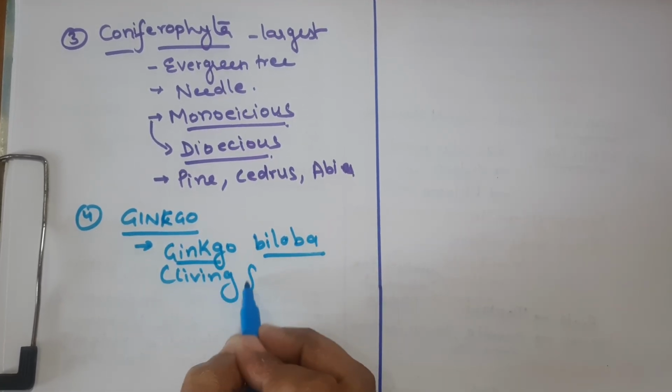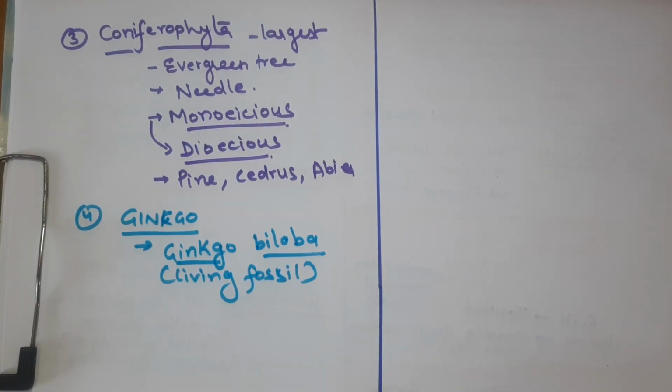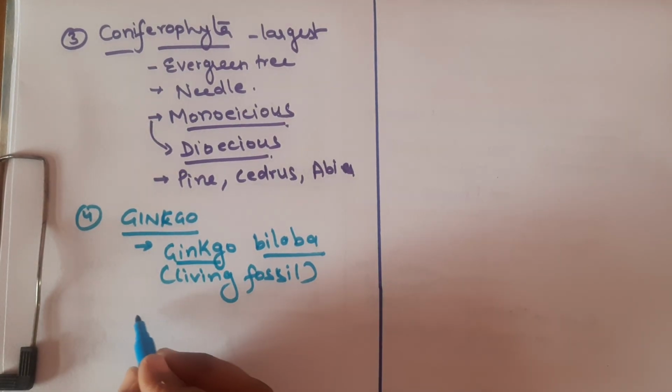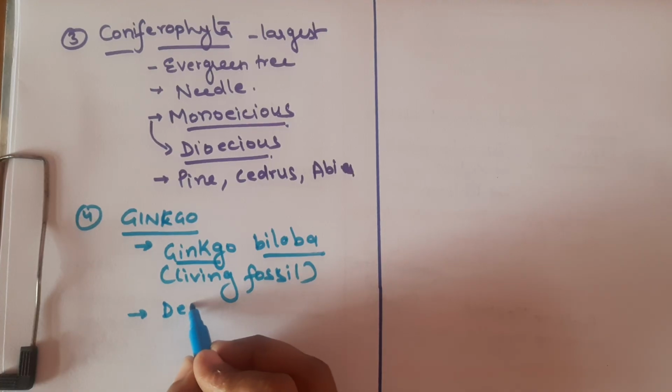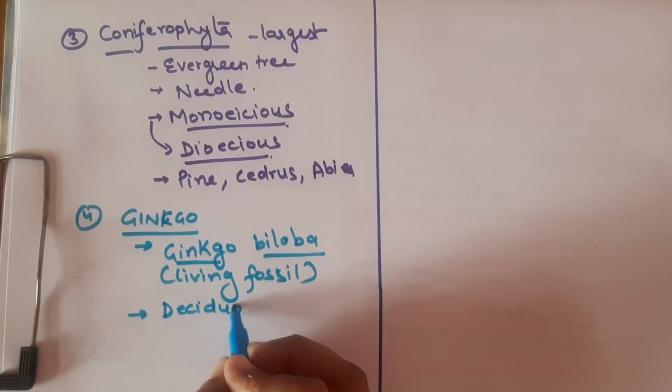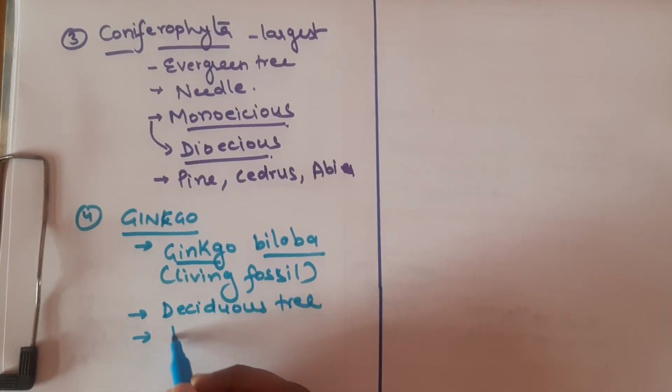So if somebody asks you in the examination, can you name one living fossil, then it is the Ginkgo biloba. And this is a deciduous tree, and the leaves are fan shaped.